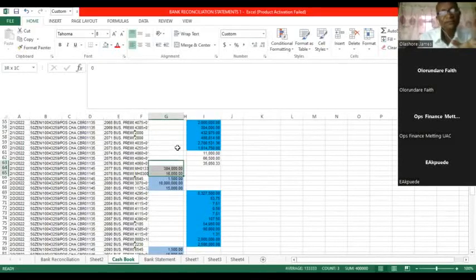If it is a cheque that has been given out, or if it is a lodgement that has been received from your side but has not gotten to the bank, you know what to do. Recognize it here and put it on the reconciled figure. And once you check, maybe this figure happened at the end of the month, maybe like the 29th, and the bank has not recognized it. All you have to do is put it in when it comes in or drops into the bank statement. You know what to do about it.